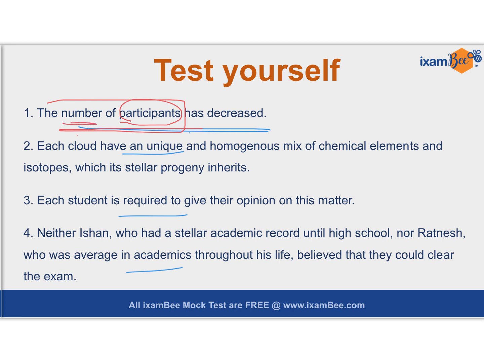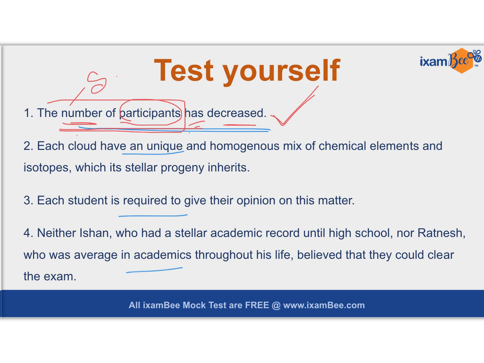The number of participants. What has decreased? Not the participants. Here it is not talking about the participants, but what has decreased? The number. And the number is singular. So this has is correct. This sentence is correct. Now see whether you marked it correctly or not.